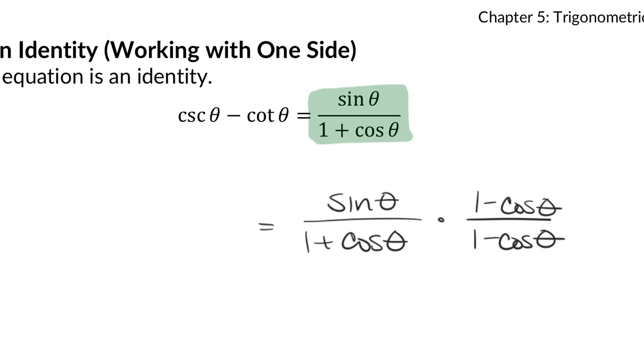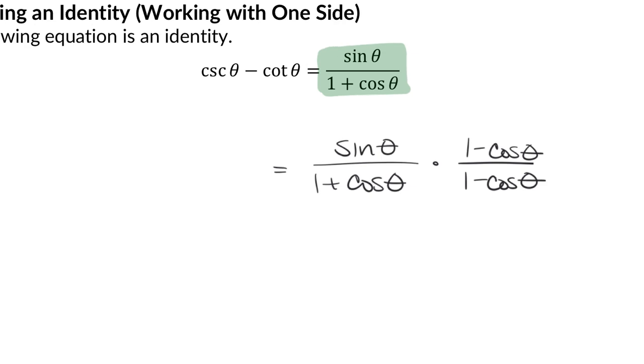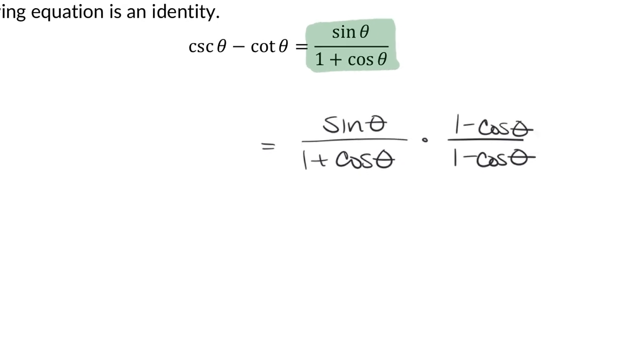And again, the reason we're wanting to do this is because the denominator becomes the pattern difference of two squares. I'm still going to show all of the work, but if you can see the difference of two squares quicker and you can tell me that's the reason you multiplied it faster, I'm fine with that. Let me write down a reason.